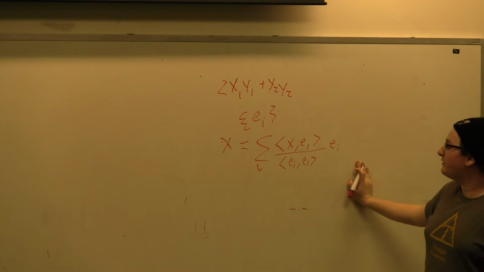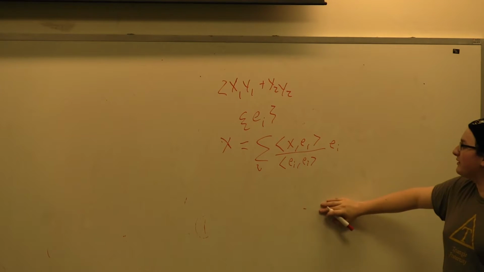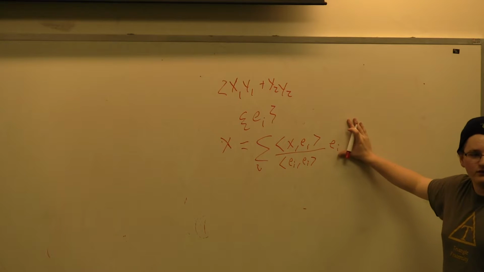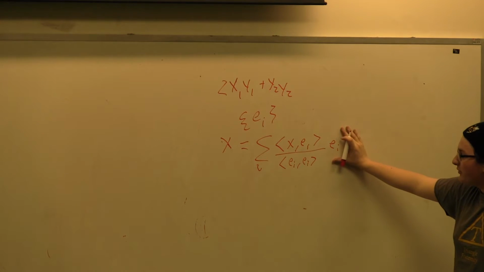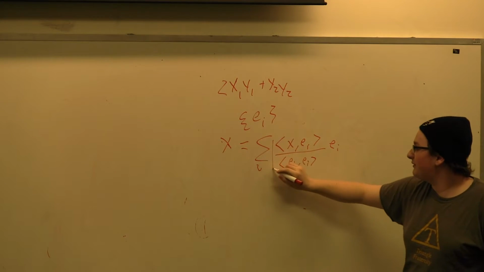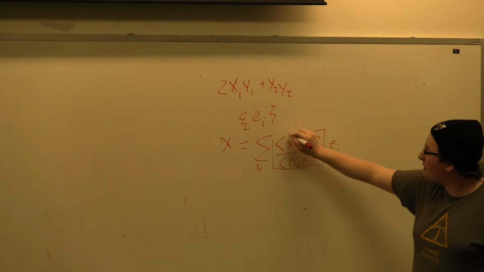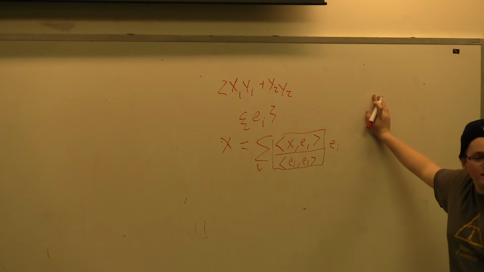Because these are all orthogonal vectors, what this formula is basically saying is this is what's called the projection operator for E sub i.